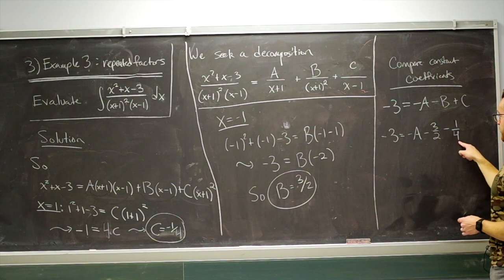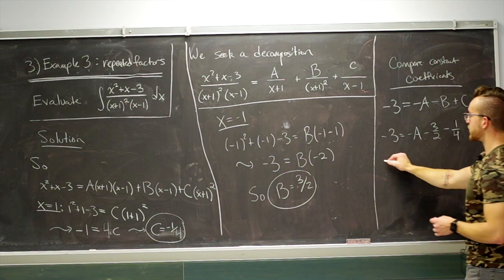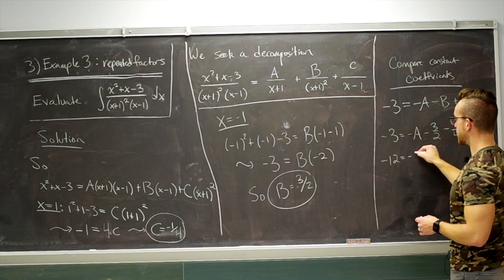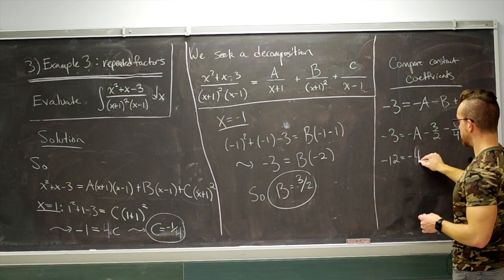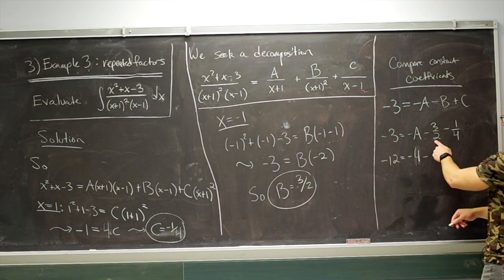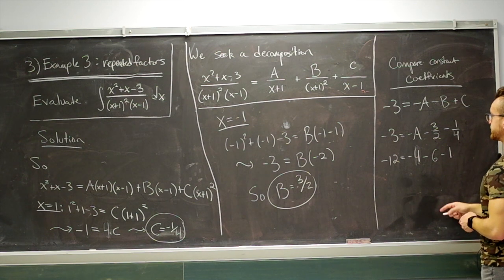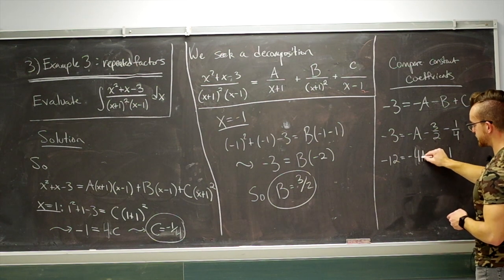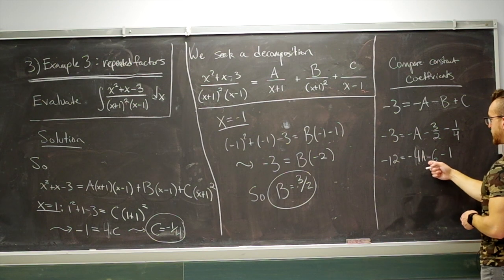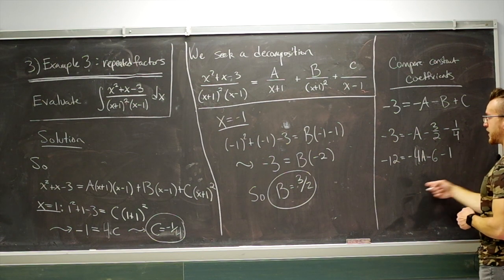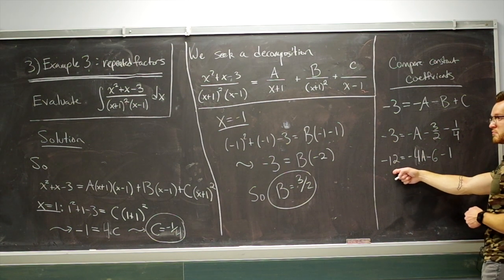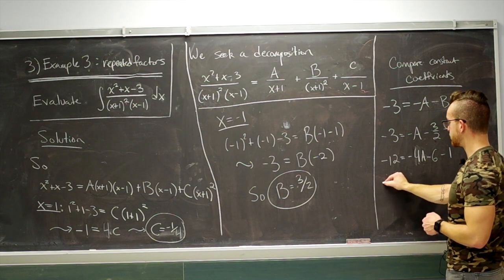So we could multiply through by 4 to clear all the denominators here. I'd get -6 minus 1. Whoops. This is like -7, so add 7 to get -5.